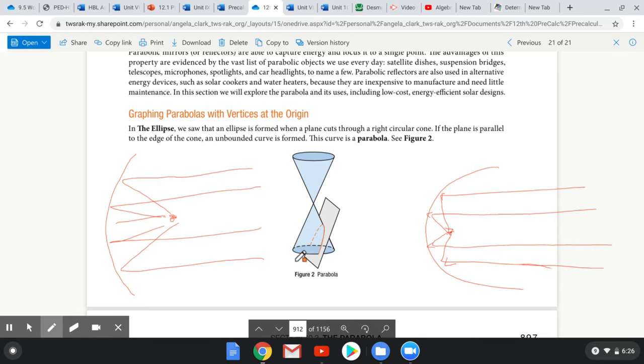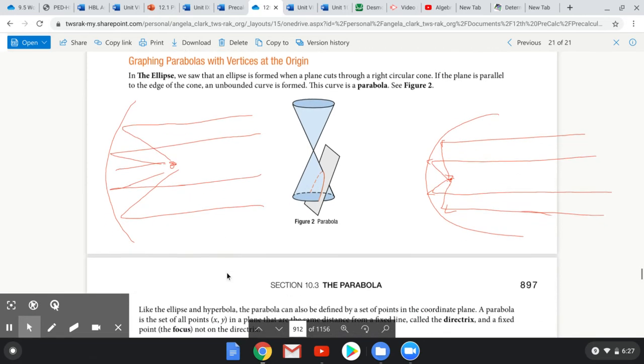Or you can be picking up signals or something, hitting it off the parabola, and that sends it straight to the focus. So one or the other works in either direction, in other words. But because of this, parabolas are super useful. So all that being said, let's go ahead and talk about parabolas.